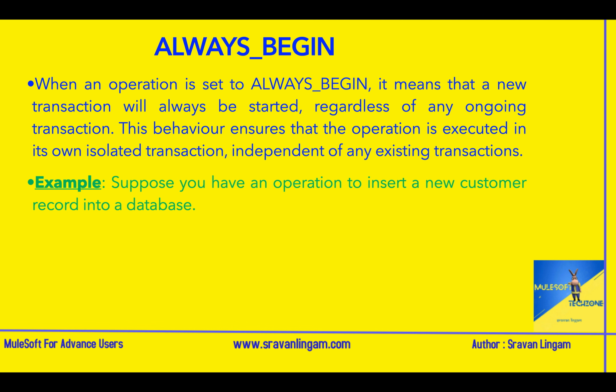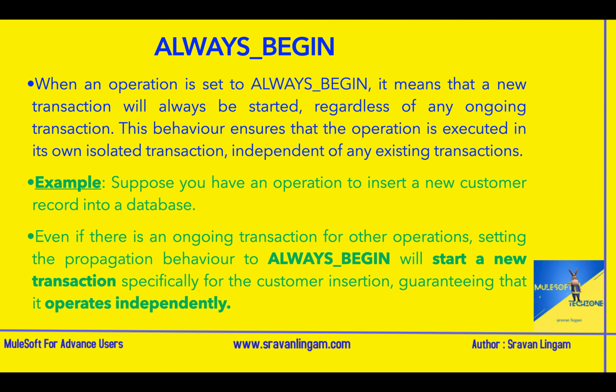What is the example? Suppose you have an operation to insert a new customer record into a database. That is your requirement. You can insert multiple customers, right? Whenever you hit this new customer endpoint, it should be independent of the other customers. There is no relation between one customer and another. In such cases, you can use the transaction type always begin.